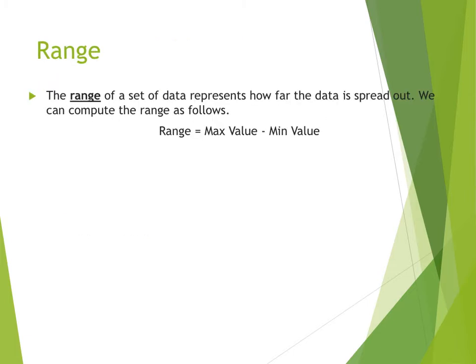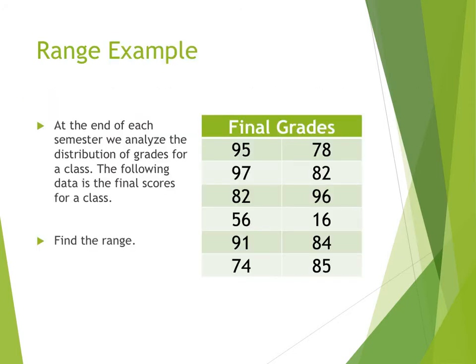The range of a set of data represents how far the data is spread out. So we can compute the range as follows: the max value minus the min value. So that's how you find range. It's just subtraction of doing your largest minus your smallest value. So here let's do an example of range.